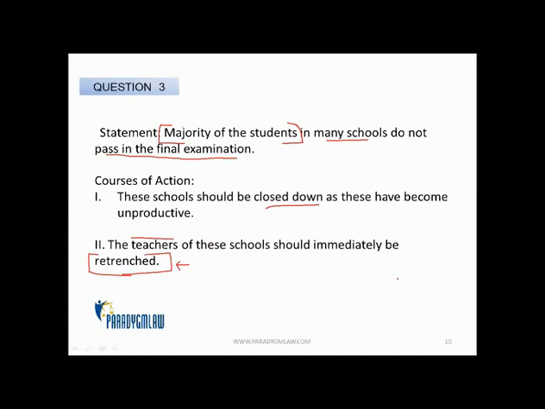Meanwhile, until you can hire the right people or improve the system of the school, there are many things that you could do to help these students pass the final exam. But given 1 and 2, will either of them help you? No. So in this case, your answer will be neither will follow. Neither course of action 1 nor 2 will follow.